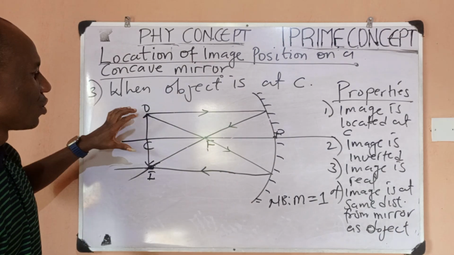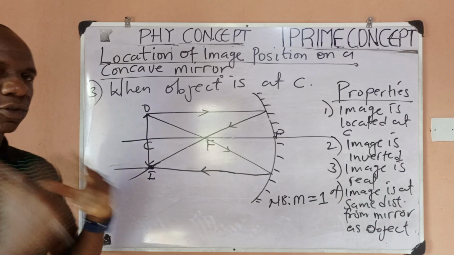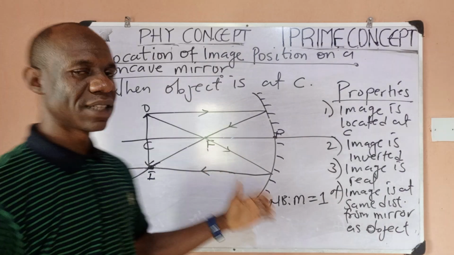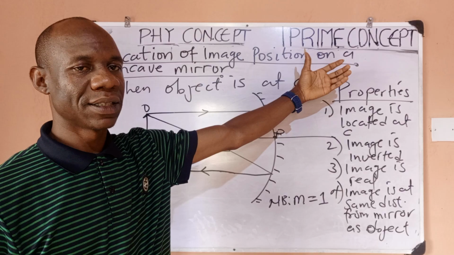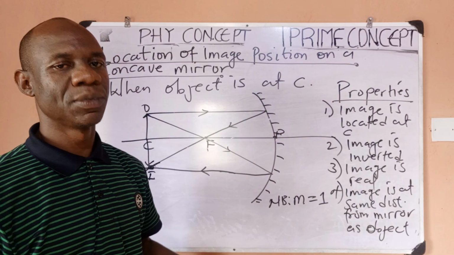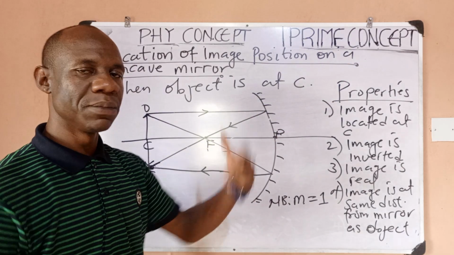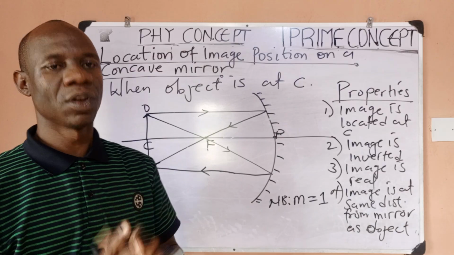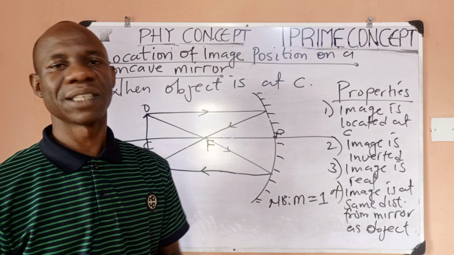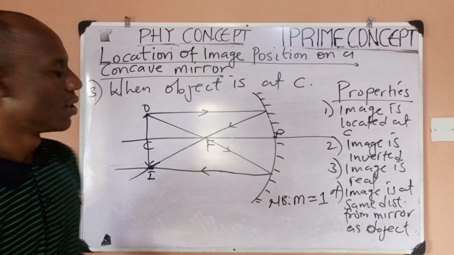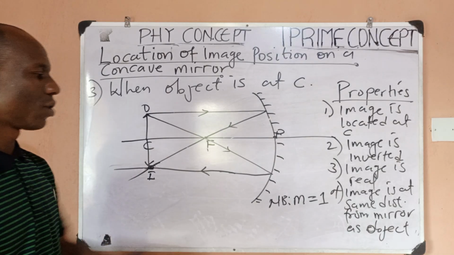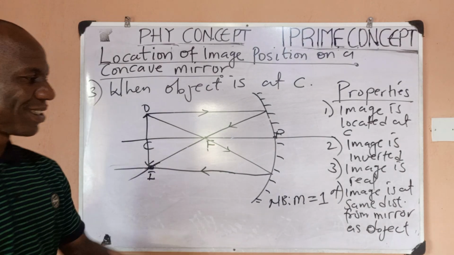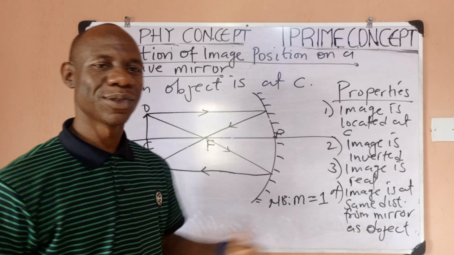Why would you get a magnification of 1? If you recall, magnification is the ratio of image distance to object distance. So if the image and object distance are equal, automatically you expect your magnification to be 1.